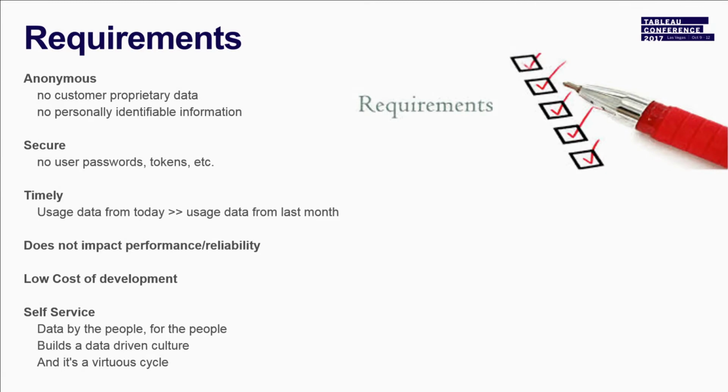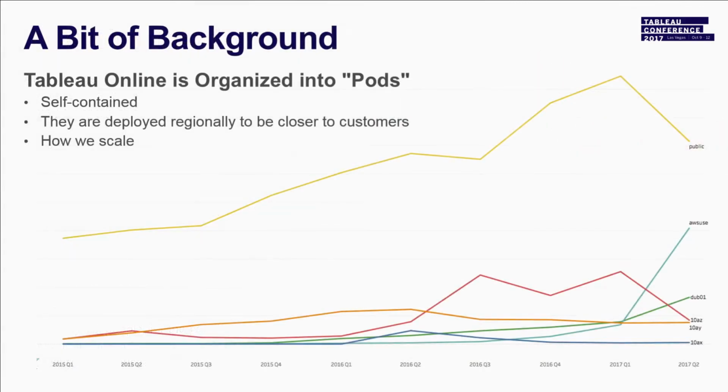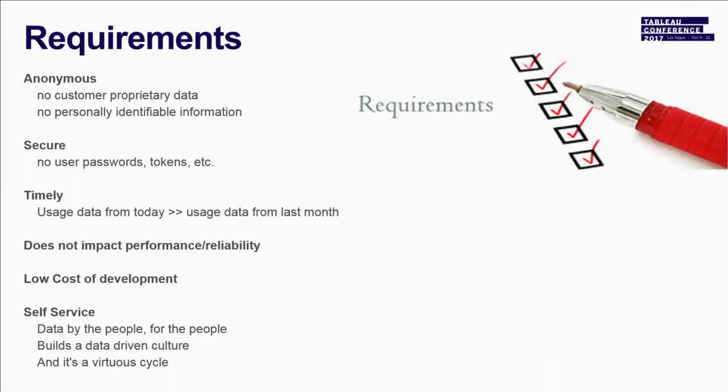Okay, so requirements. These are the things that we have to have for the project to not be a complete failure. The first two, customers trust us with our data, so we have to be very careful with it. So we want to make sure that the data that we do make available for self-service usage within the company is anonymized and that it's secure.